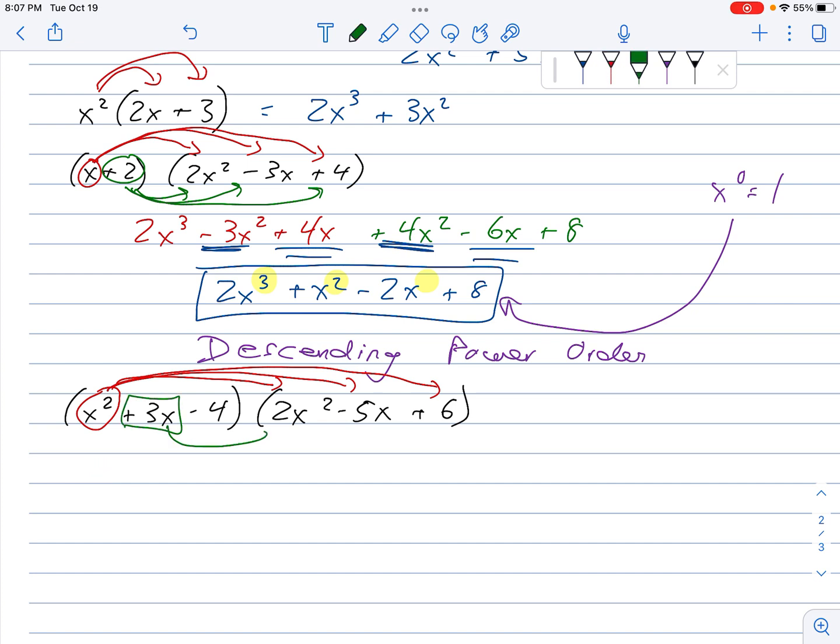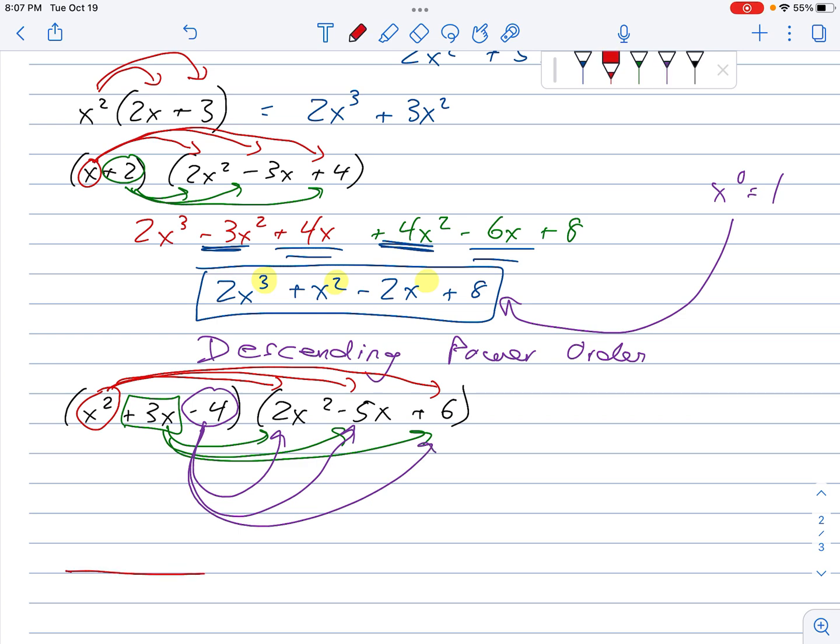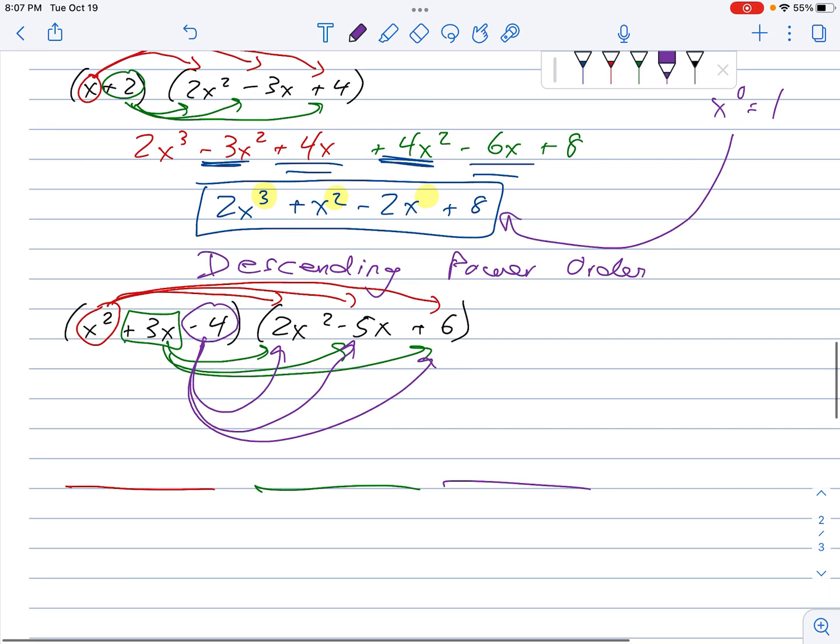My second term multiplying all three, and then I would get my last term multiplying all three. So I'd have my red bunch, my green bunch, my purple bunch, and then just like I did up there, I would combine like terms. And again, I'll leave you this one to do for classwork, but that's the idea of this problem.